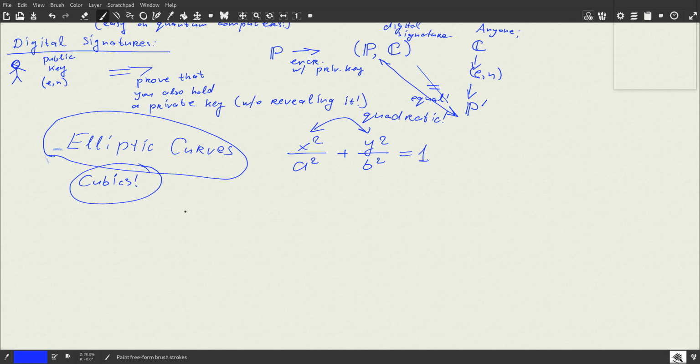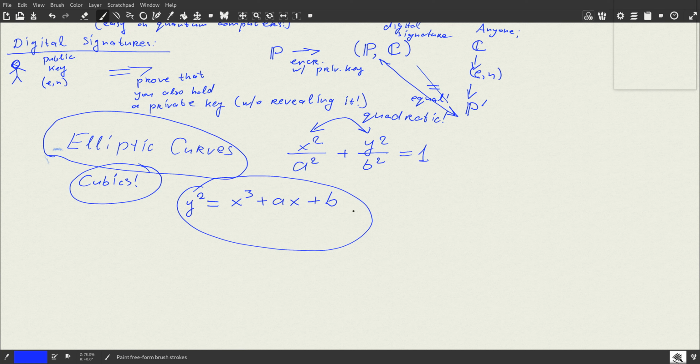But in fact, elliptic curves are just solutions to the following equation. Y squared equals x cubed plus ax plus b. Please see x squared is omitted. So these are elliptic curves.